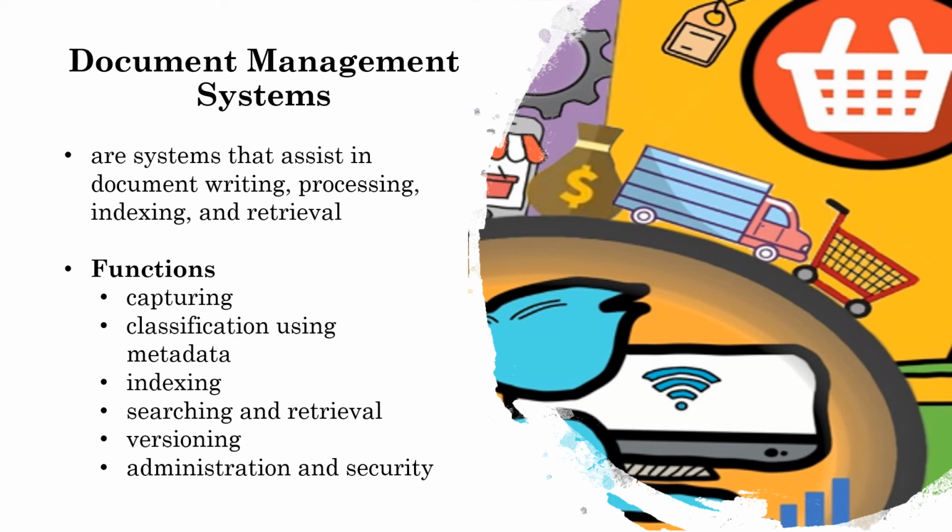Then we also have versioning. Versioning is the storage and management of the different versions of documents that are required frequently for updating. It allows the authorized user to return to earlier versions. And finally, we have administration and security, wherein the IT system needs to be regulated and policed.